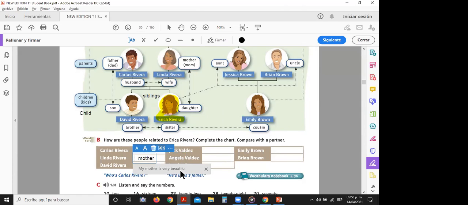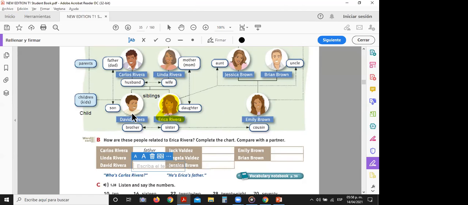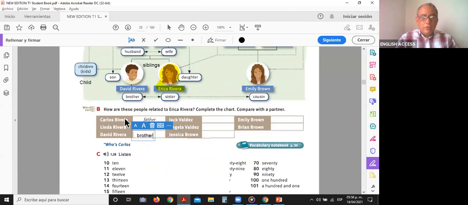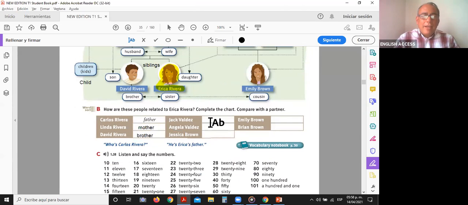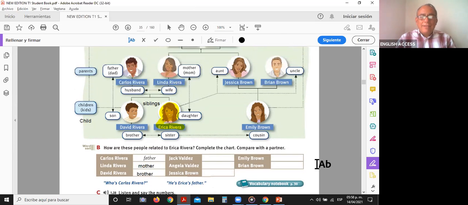Very good. Number 3, David Rivera. Brother. Erika's brother. Exacto, brother. Please write down the others. Escriban los otros very quickly. Jack Valdez, Ángela Valdez, Jessica Brown, Emily Brown y Brian Brown.